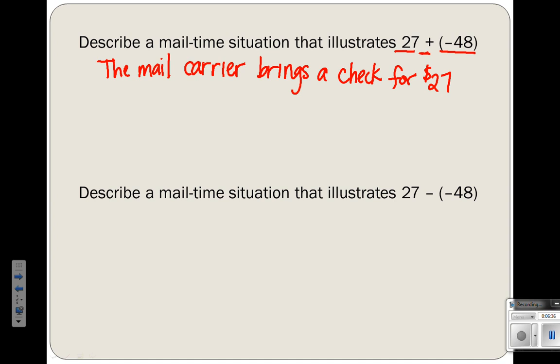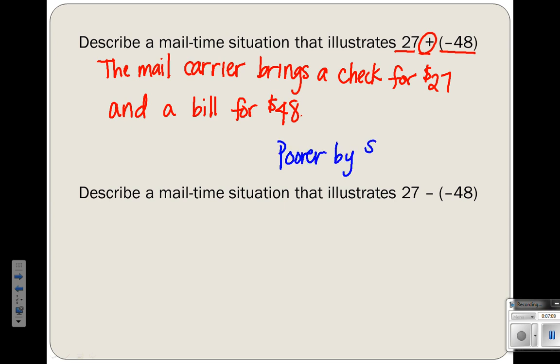Now, remember, if my sign in the middle is plus, he's bringing something else. The second number tells me what he's bringing. So he's bringing a check for $27, and since 48 is negative, a bill for $48. Okay, in this case, if he's bringing you a check and a bill, the bill outweighs the check, so you would be poorer by $21.